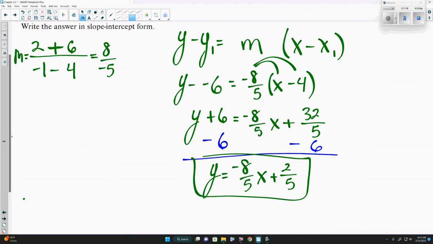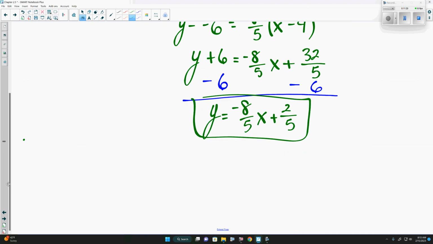Any questions on this here? Now, if you're trying to graph this, trying to graph 2/5 on the y-axis is probably a challenging thing to graph because it's not a nice whole number. 8/5 wouldn't be too bad, but if we're trying to use negative 8/5 going from 2/5, it might be a little challenging.